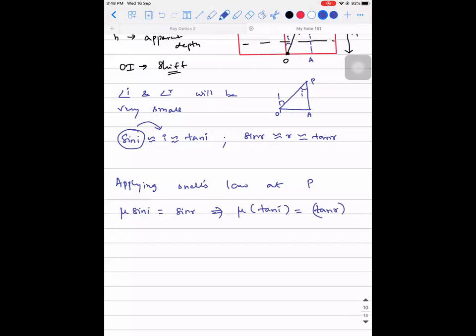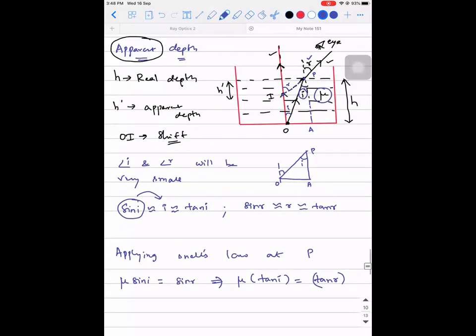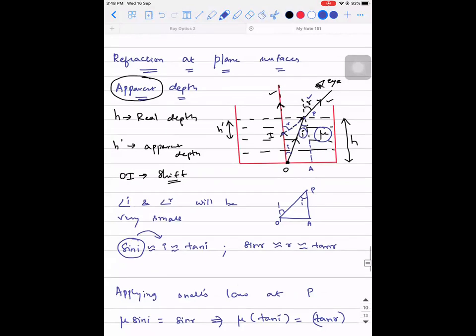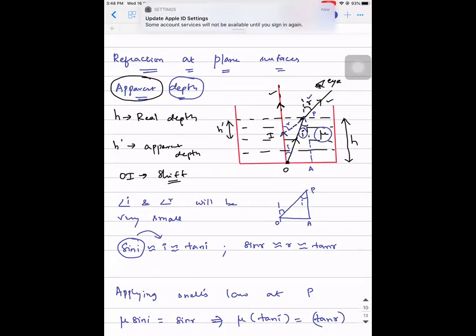Why I wrote it in terms of tan is because in this case, what I need is depth. So I'm telling you two logics, remember. In this chapter, not only with respect to derivation but also when you're solving a problem, wherever you need to find angles in the case of refraction, you need to apply Snell's law.